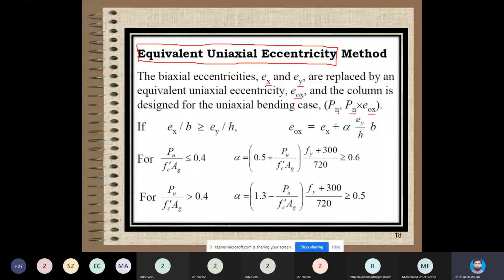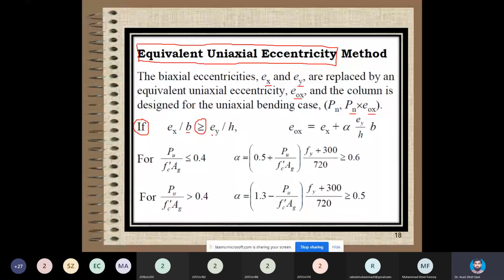So on this slide, we are developing the equation for E naught x; the same one you can develop for E naught y. E naught x will be applicable if the eccentricity along the x-axis divided by the corresponding column dimension b along the x-axis is greater than or at least equal to the eccentricity along the y-axis divided by the corresponding column dimension h.